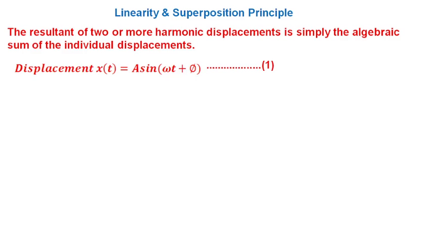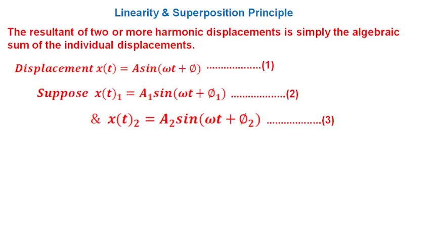Now we will see the linearity and superposition principle. The resultant of two or more harmonic displacements is simply the algebraic sum of the individual displacements. Already we have seen displacement x of t is equal to A sine of omega t plus phi, which is, suppose, equation 1.